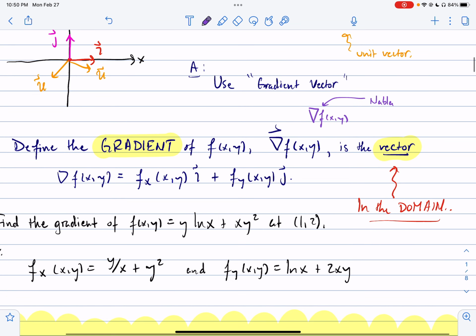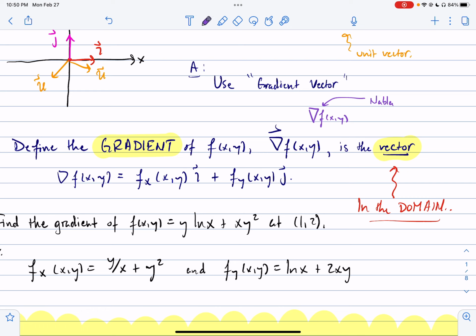So the gradient of f is the vector defined by the first component, or the i component of this vector, being the partial f partial x, so the x partial derivative, and the y component of the gradient being the partial f partial y.